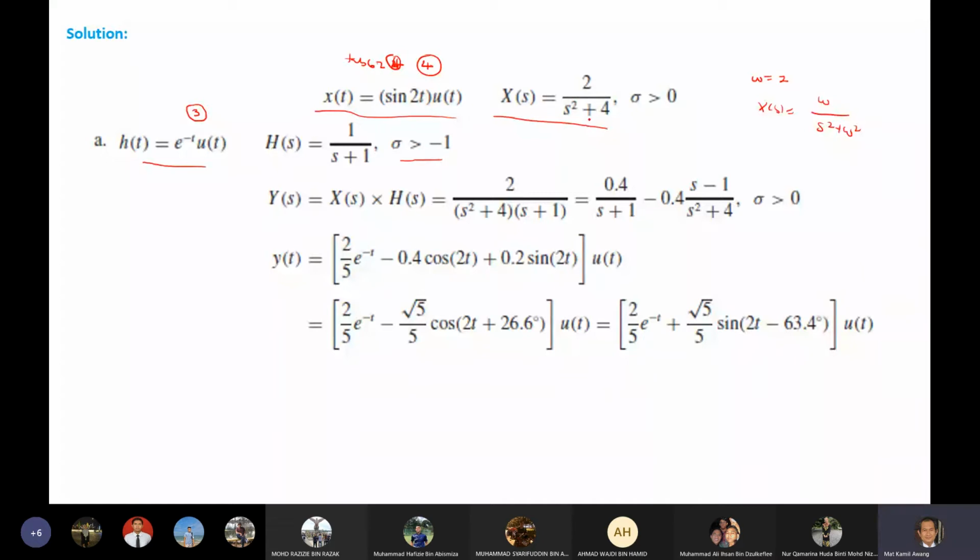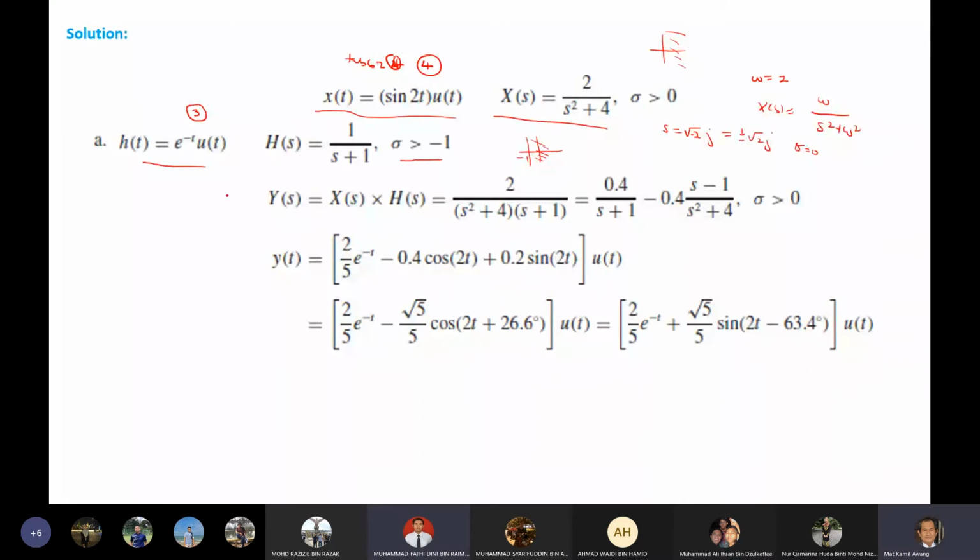For the other one, s is equal to the square root of -2, plus or minus square root 2 j, so gamma is equal to 0. The region of convergence for this one is this side, and here it is -1.